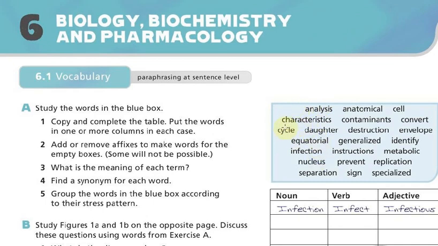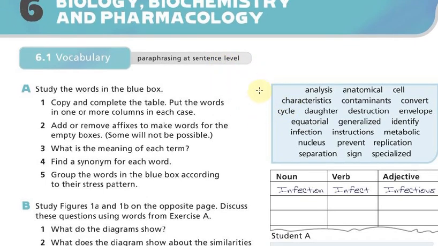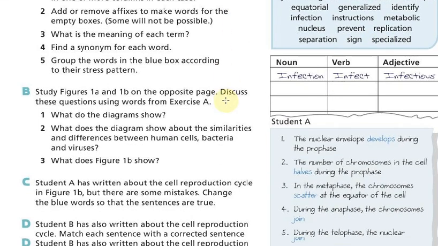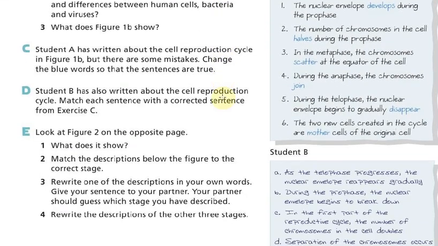Then we move to the exercise section. We do some exercises. Then we have a couple of tests which will help you learn the usage of the vocabulary items better. Okay, the first vocabulary part is related to this page, from analysis, anatomical to specialized, and other words which you can see here.